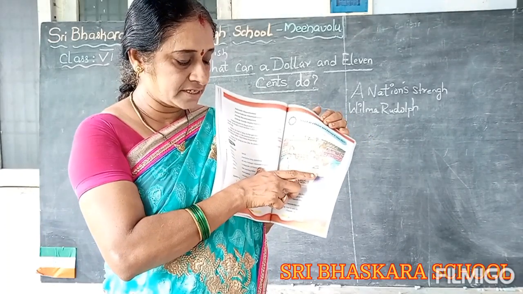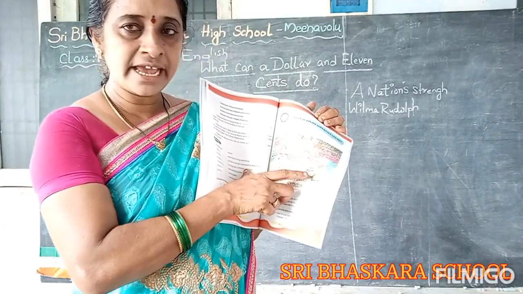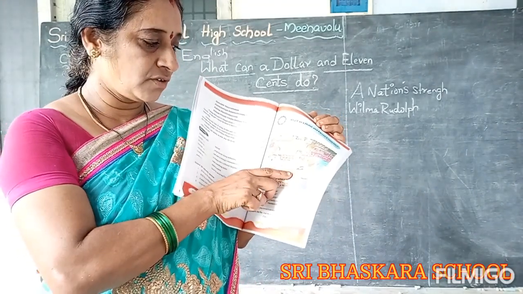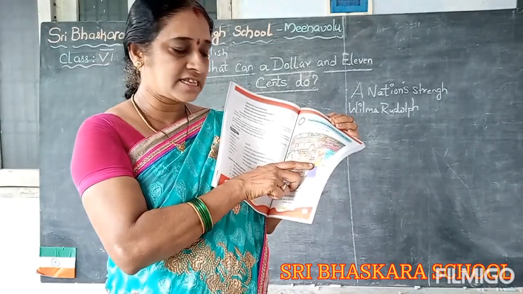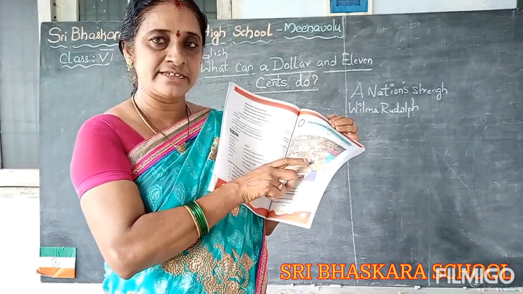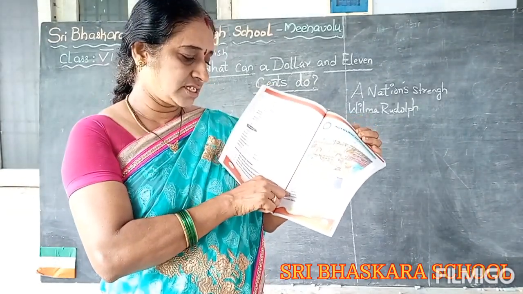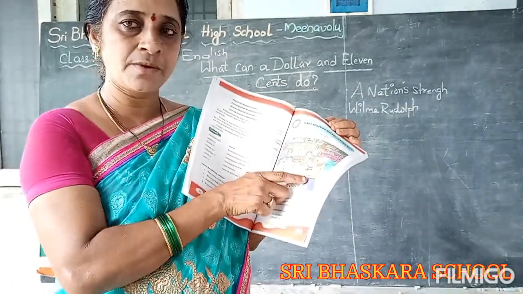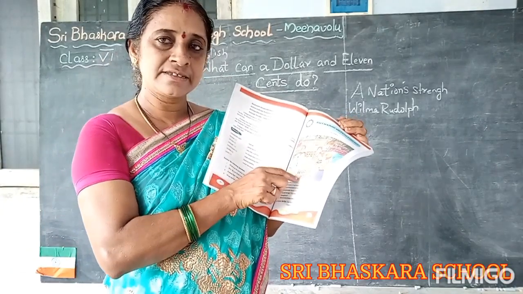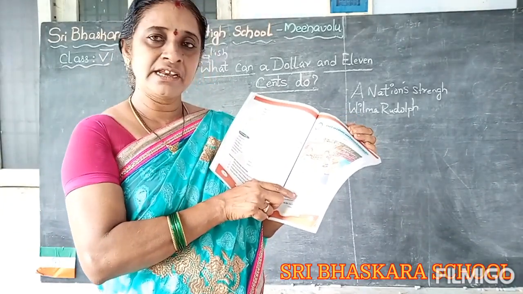Children, you observe the picture of the girl. Is she happy? We don't know what has happened. But that girl is very much sad. She is counting the coins. Okay, next. Who might be ill? The girl came to the medical shop to buy some medicines. Who might be ill?